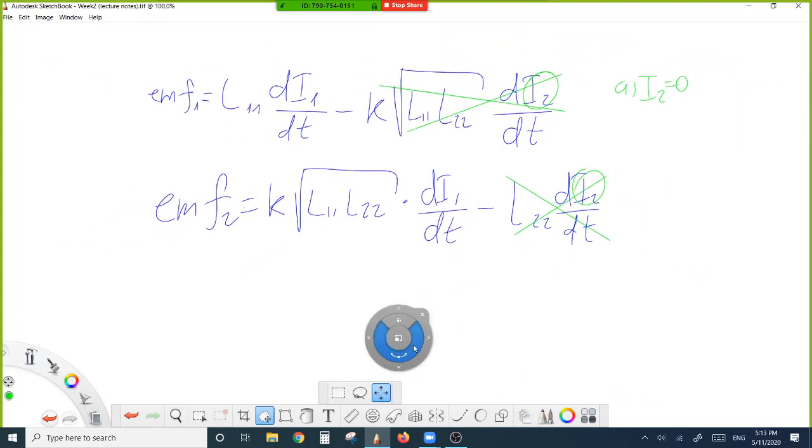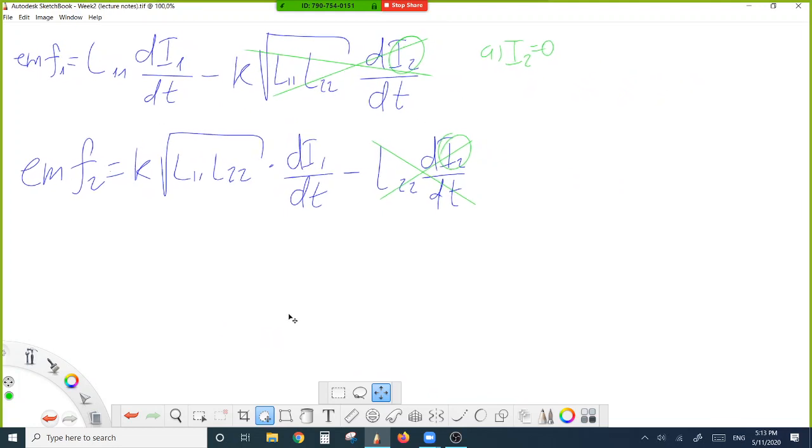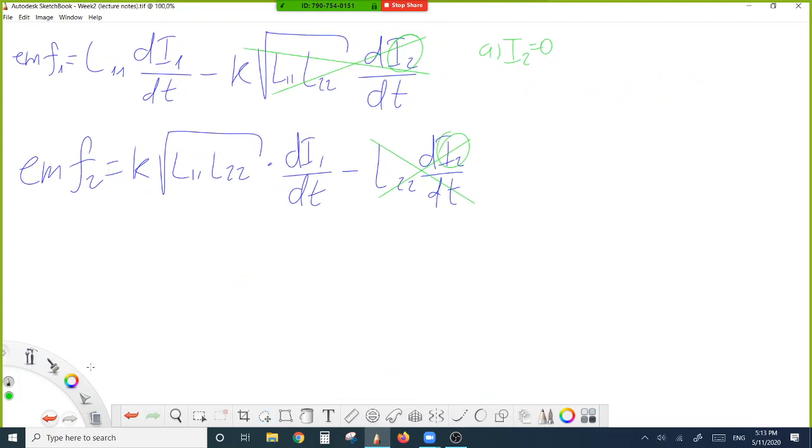Now let's compute electromotive force 1. Electromotive force 1 equals L11 di1 over dt.